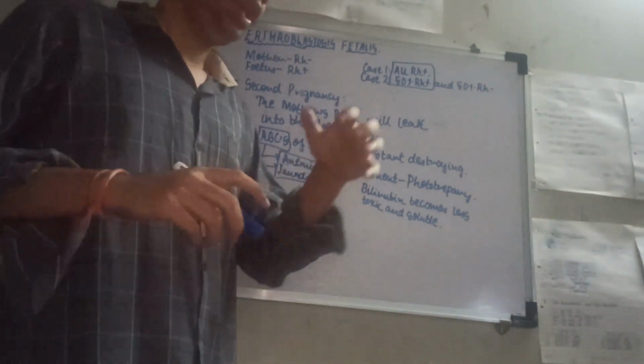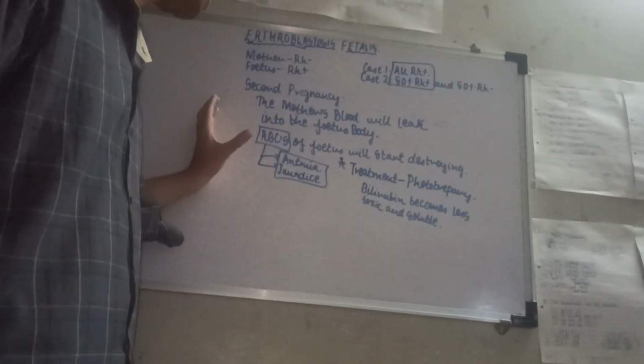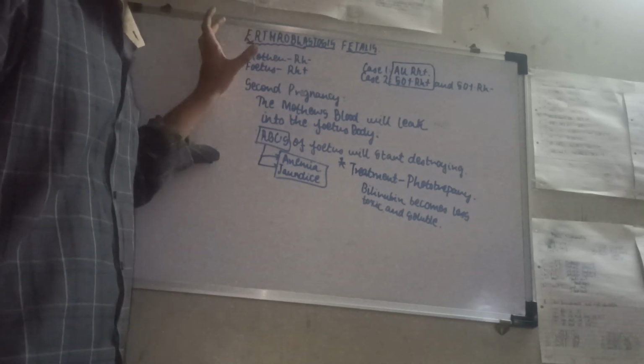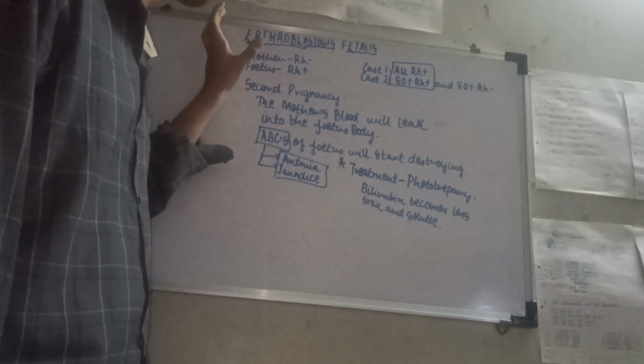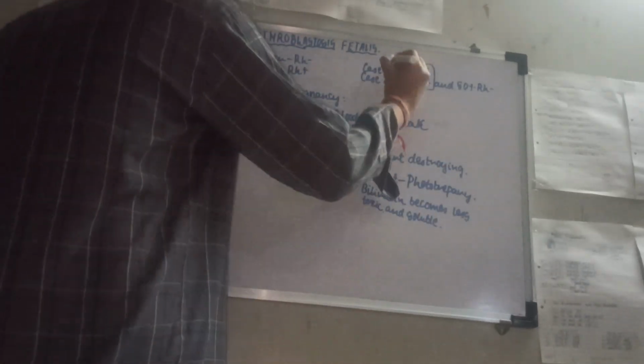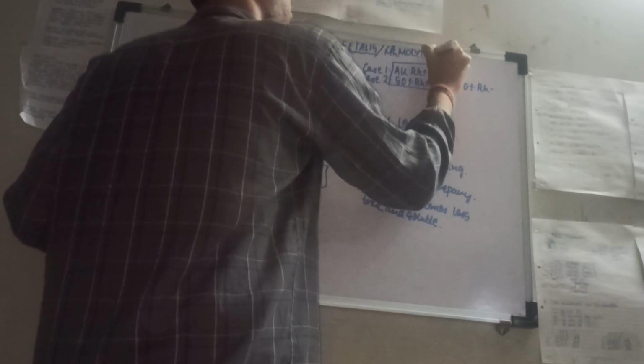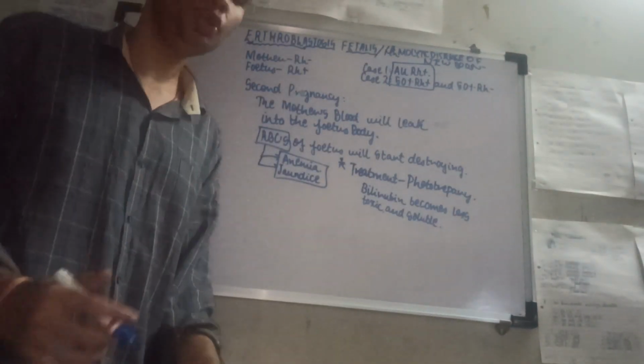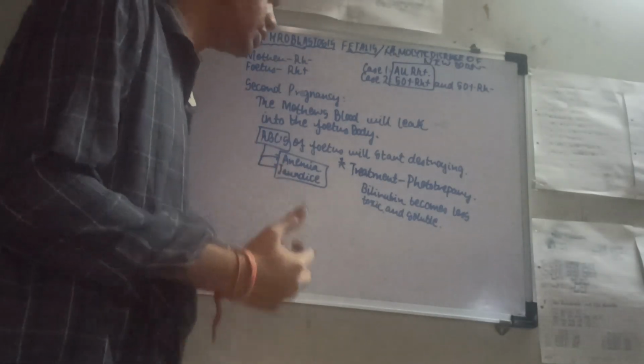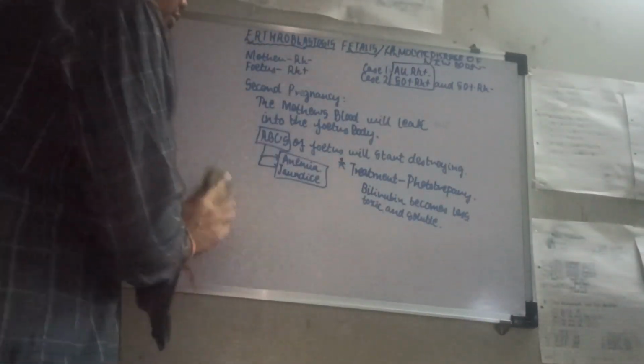But how we can prevent this condition, which is erythroblastosis fetalis, or another name for it is hemolytic disease of the newborn? So how to prevent this? Let us write how to prevent this.